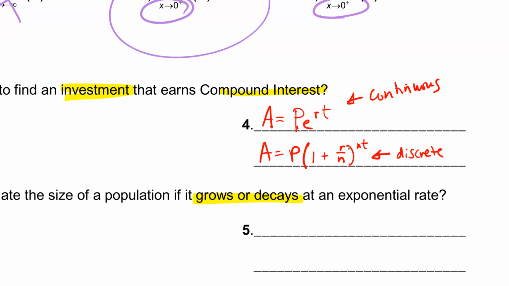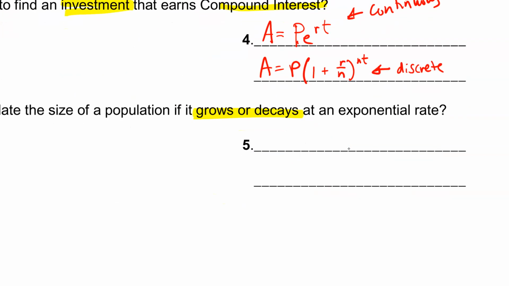Now, versus if a population is growing or decaying at an exponential rate. These always have N because it's the number of living things. So there's two equations. One is just like A equals P e to the RT, but it has different variables. N is the number of living things at the end. N naught, N initial, is how much we start out with.